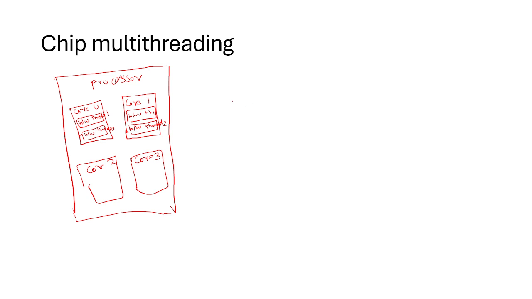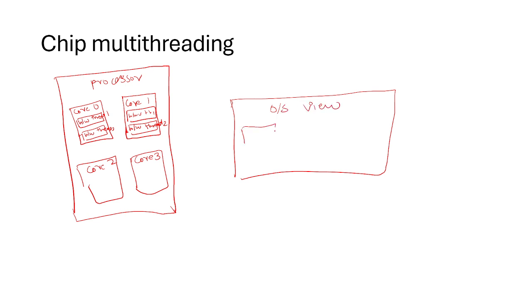But from the OS point of view, we have 8 CPUs in total. That is the operating system view. In the operating system view, we have CPU 0, CPU 1, CPU 2, CPU 3, up to CPU 7.